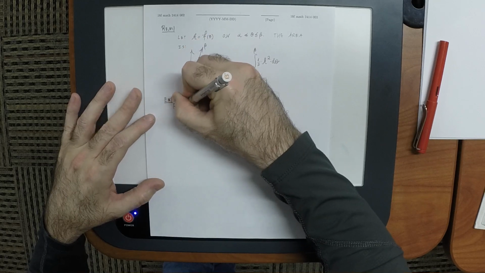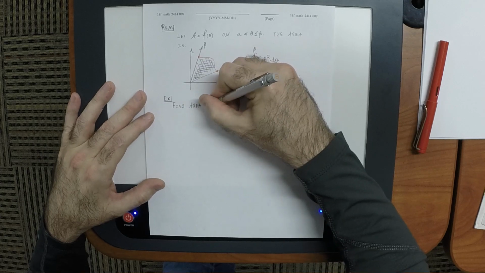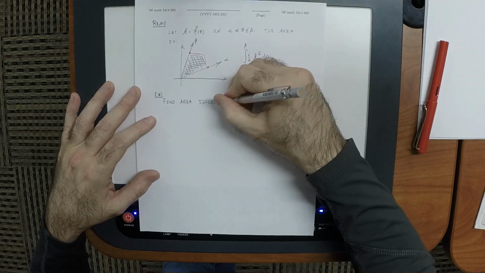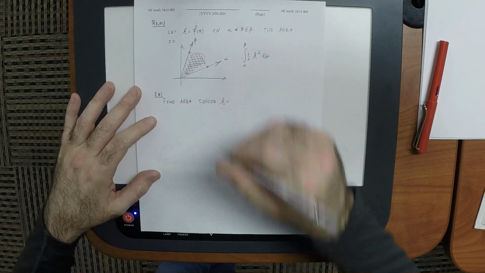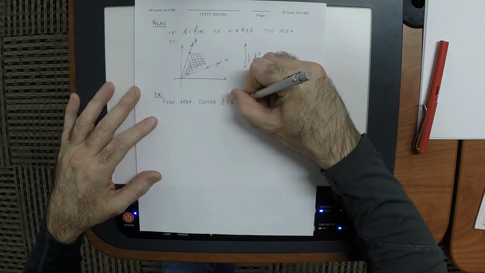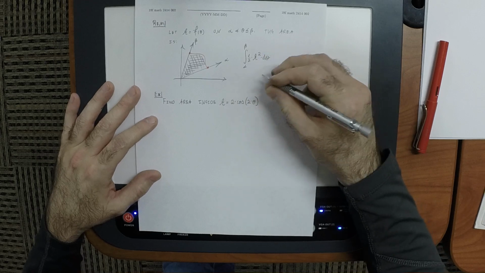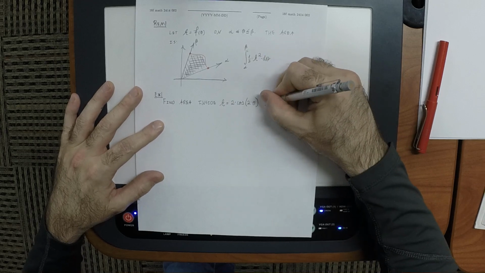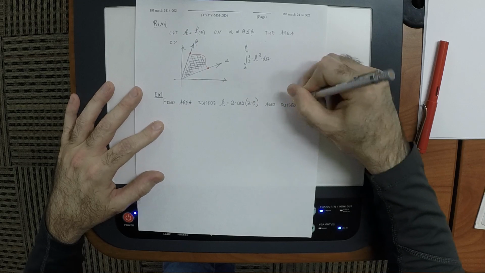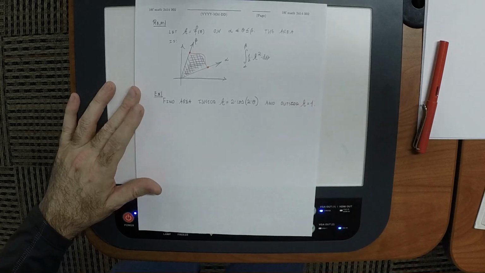Find the area which is inside r is twice cosine twice theta, and outside r is 1.